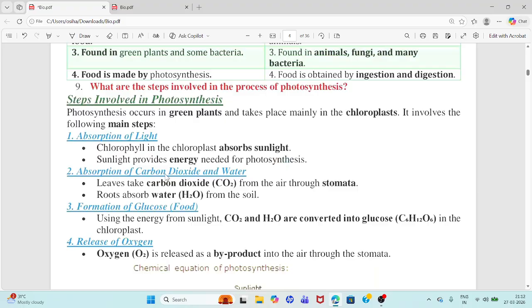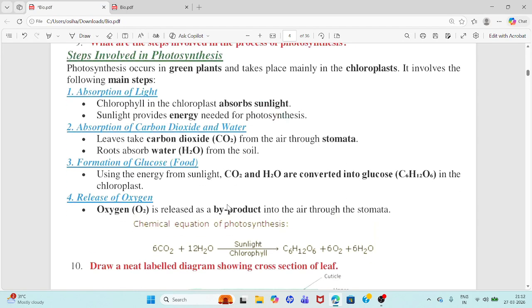Second step, absorption of carbon dioxide and water. Leaves take carbon dioxide (CO2) from the air through stomata. Through the stomata, carbon dioxide is taken. Roots absorb water (H2O) from the soil.